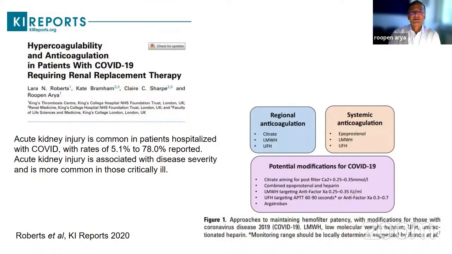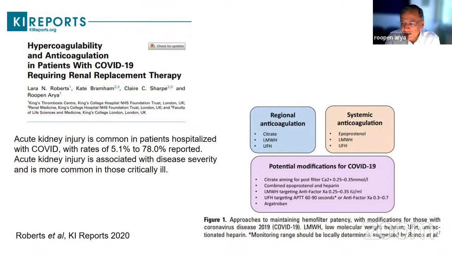And again, with some of my colleagues at King's, we wrote one of the early papers for Kidney International, highlighting this issue with acute kidney injury in COVID patients, likely due to microvascular thrombosis in the kidneys, and very, very common in those that were critically ill.